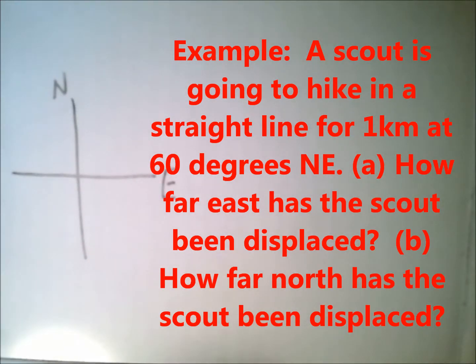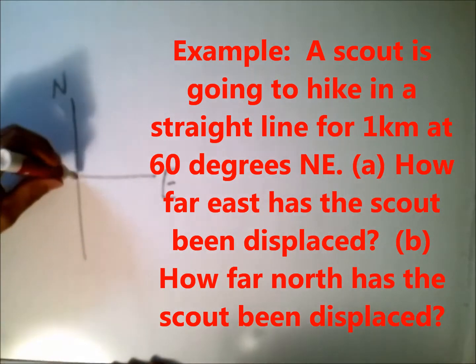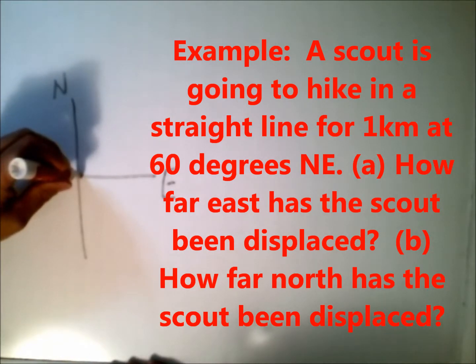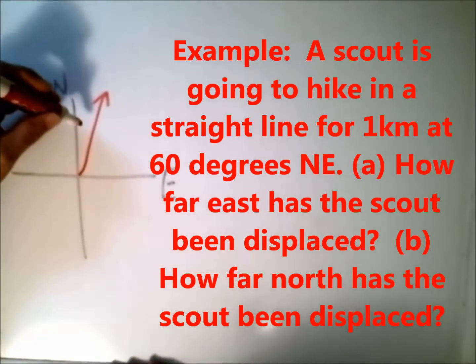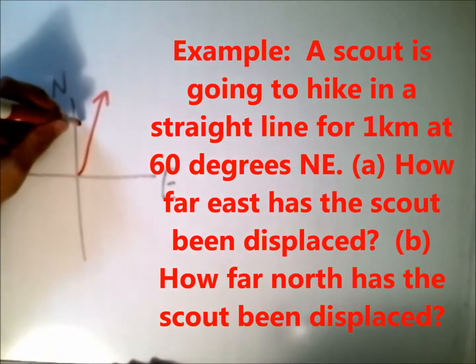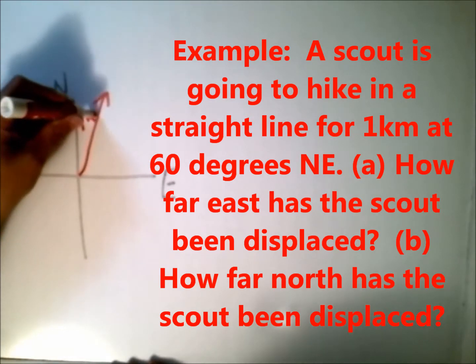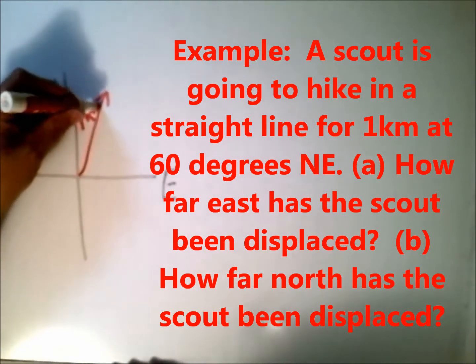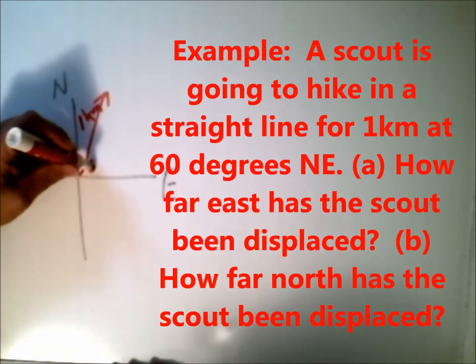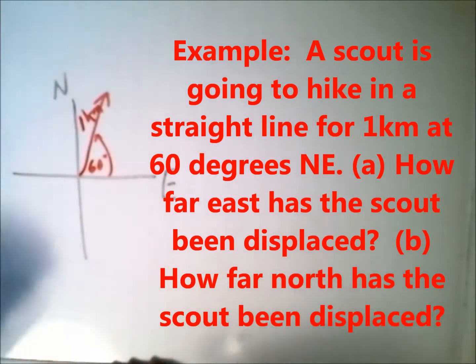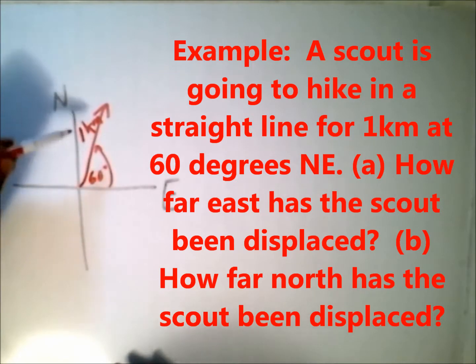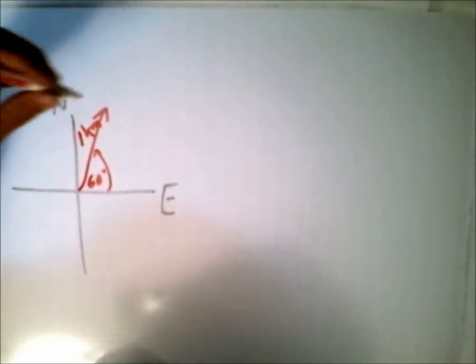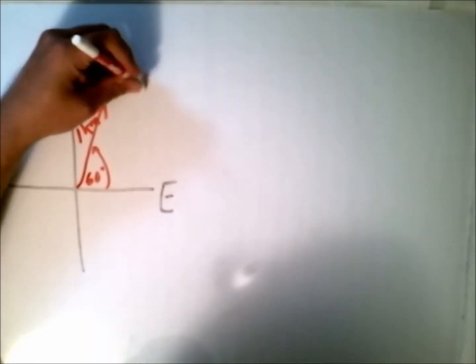Let's say a scout has to hike and follow this path. Let's say they're going to hike 1 km, and the angle there is going to be 60 degrees. So that particular vector is pointing between the east direction and the north direction. What we want to do is break this vector down into its components.